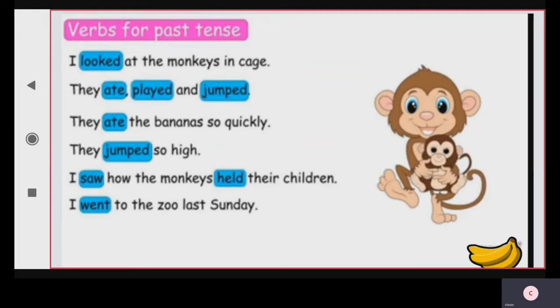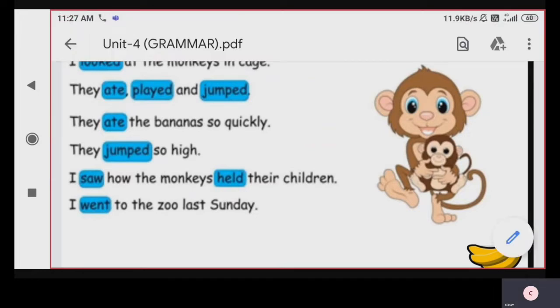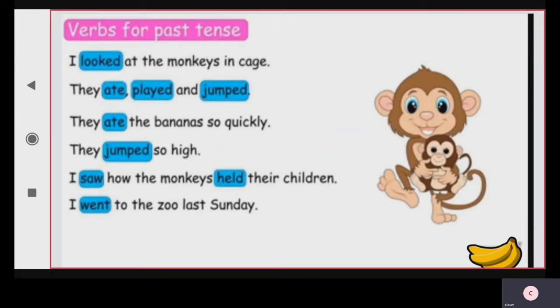I went to the zoo last Sunday. Here the verbs are looked, ate, played, jumped, ate, jumped, saw, held, and went, which are highlighted in blue. All these verbs show that the actions were performed in the past.